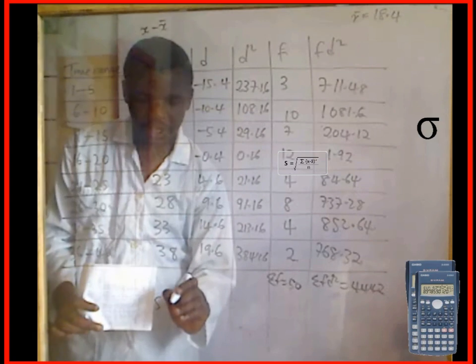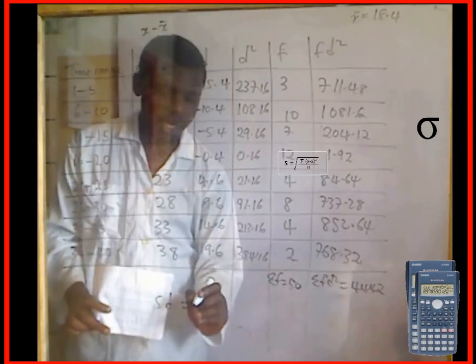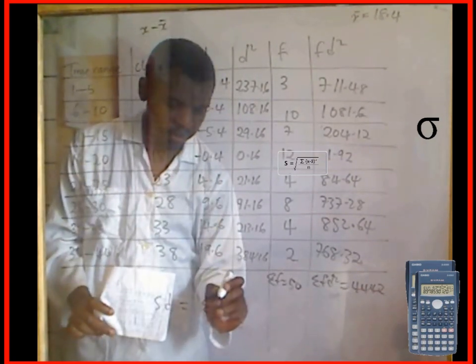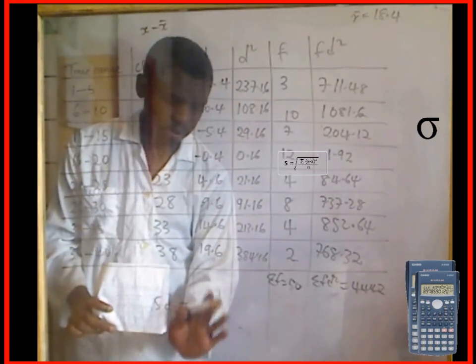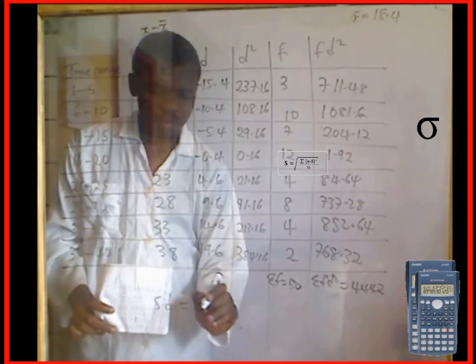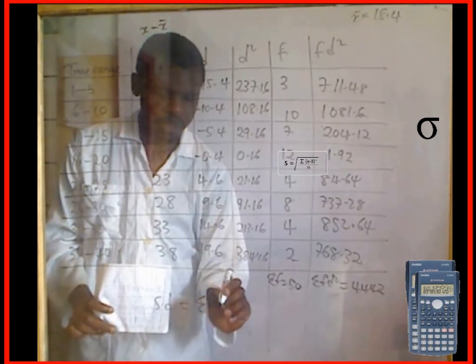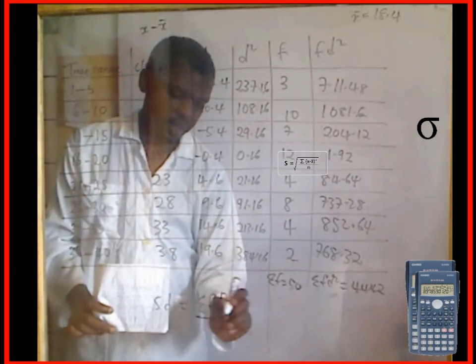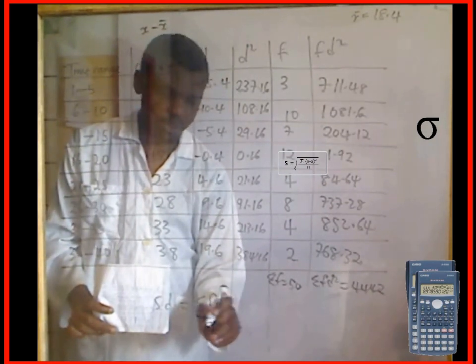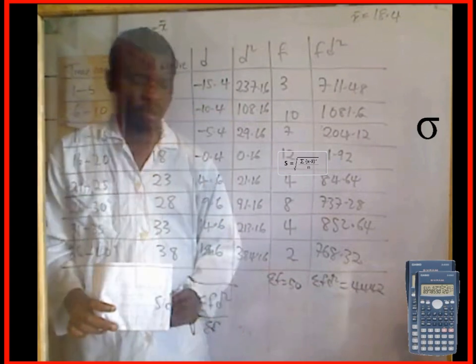Standard deviation is given by the summation of the product between frequency and deviation square divided by the summation of frequency, all to the root.